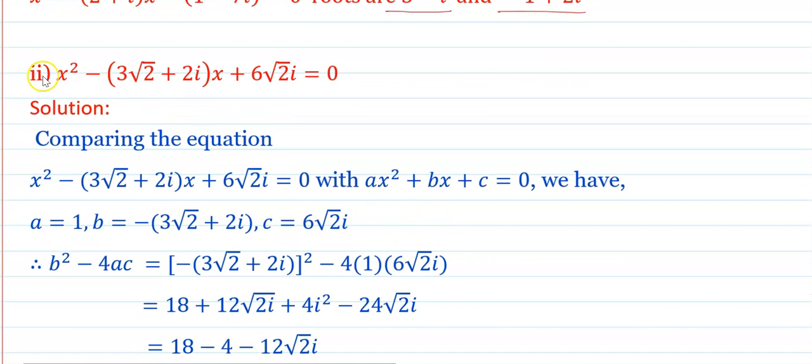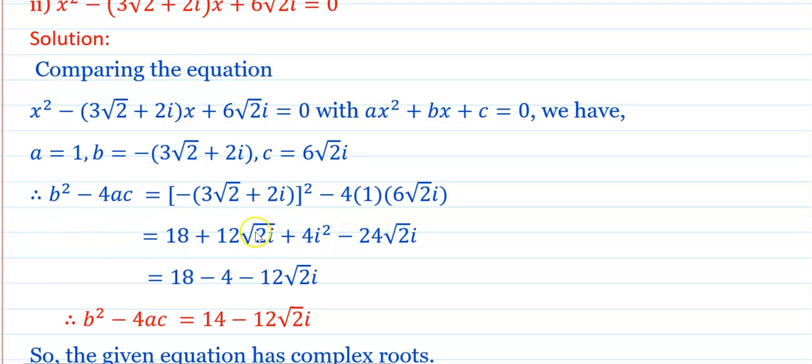Now the next example: x square minus (3 root 2 plus 2i) into x plus 6 root 2i equals 0. Comparing this equation with ax square plus bx plus c equals 0, we have a is 1, b is minus (3 root 2 plus 2i), and c is equal to 6 root 2i.